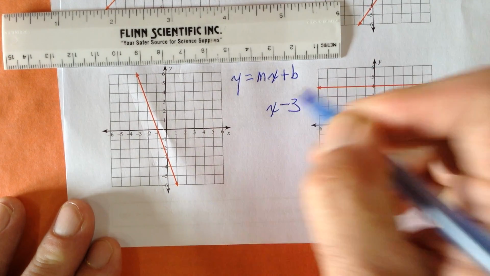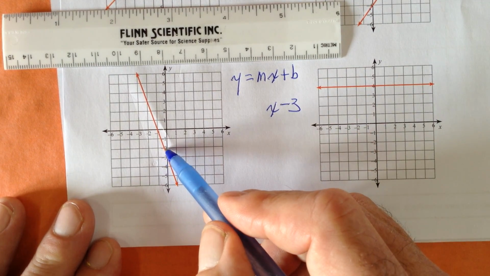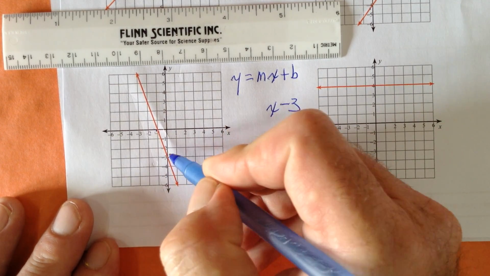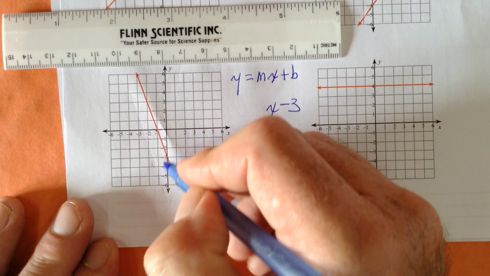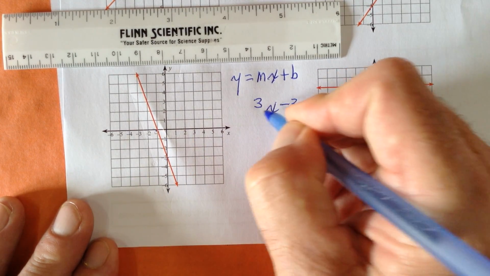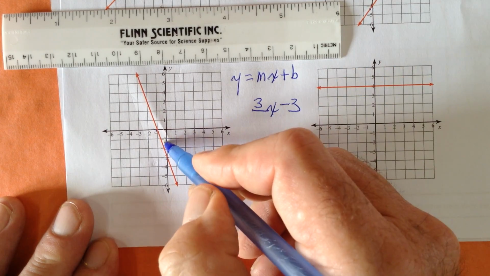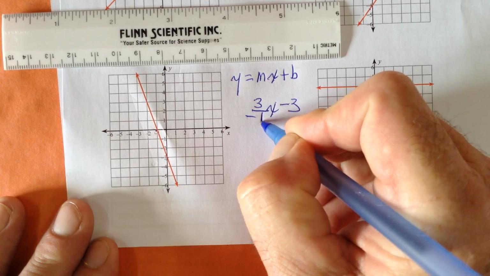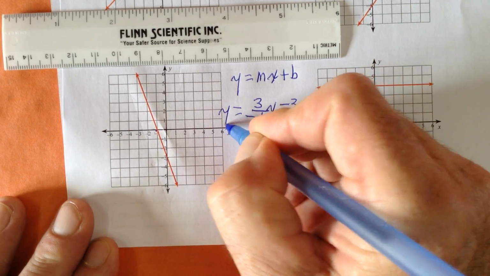Okay, so the x, and now I can figure out the slope. So it crosses right here at this point. So I want to find the y first, so it's 1, 2, 3 up. So 3 over, and here's that negative 1 over. So negative 1 equals y.